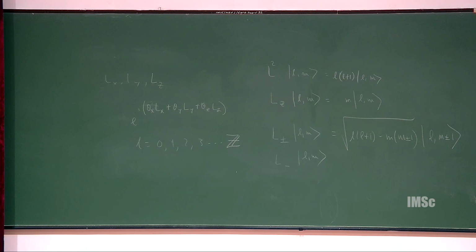For that, the L value is restricted by the principal quantum number n. It cannot go beyond n, so L should be less than n. But n can go up to infinity. It can go over 1, 2, 3 up to a large number, which means L can also go up to large numbers. Higher and higher orbits will have higher and higher angular momentum. This is what you have here.